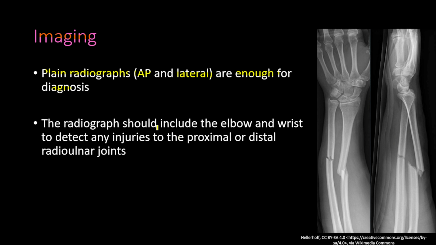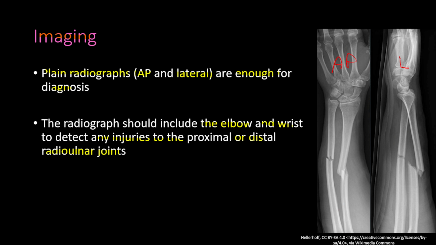And the radiograph should include the elbow and the wrist to detect any injuries in the proximal or distal radio-ulnar joints. And on those pictures, we have an example of an anterior-posterior and the lateral forearm x-rays, and it shows the forearm bones, the wrist, but it does not show the elbow joint.